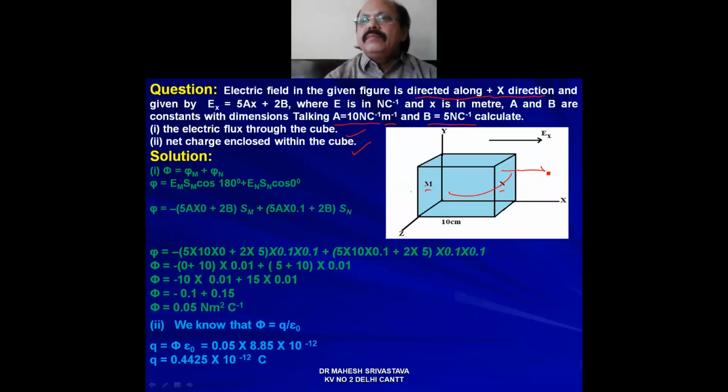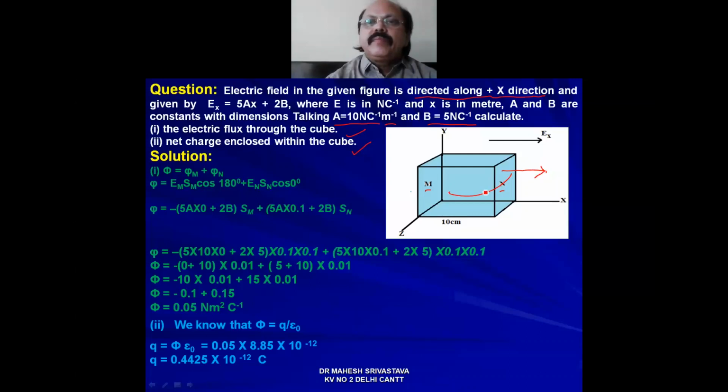On surface N, we have drawn a normal outward. Then the direction of this normal and the electric field is the same, so the angle between them is 0.